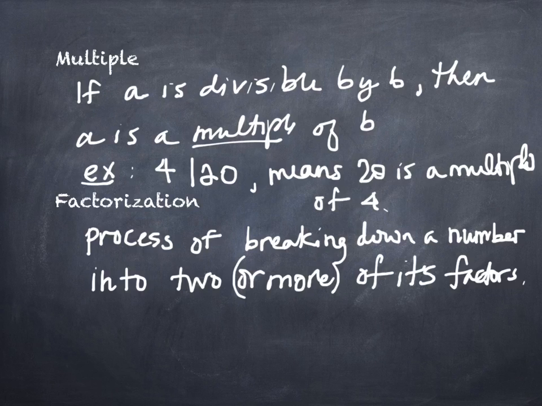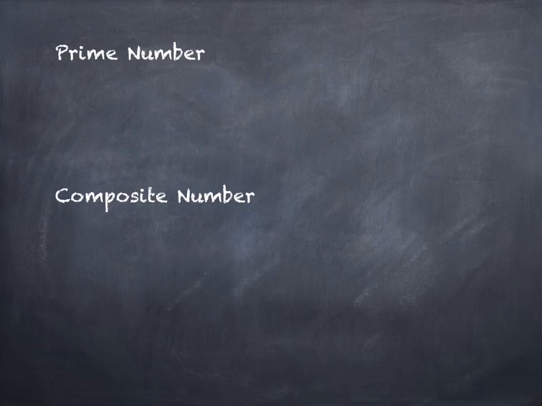Now they may be prime factors or they may not, but any kind of factorization would include any kind of factors as well. So as we're taking a look, there are two different kinds of numbers: prime numbers and composite numbers.